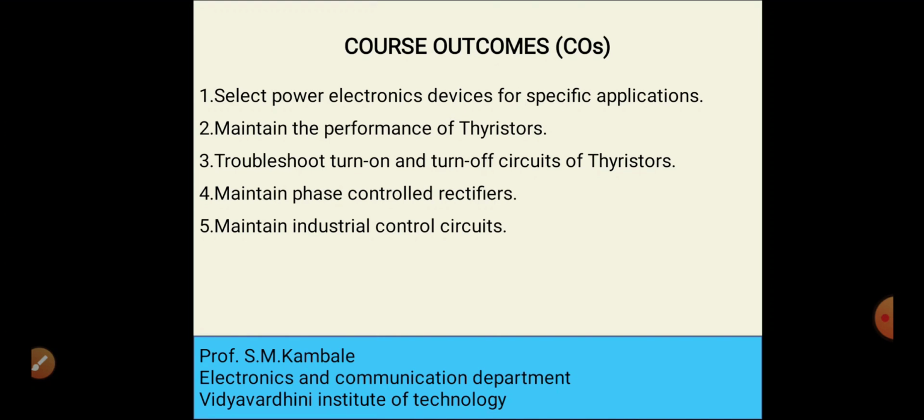Now looking to the last course outcome, which is related to unit number 5. The course outcome is maintain industrial control circuits.